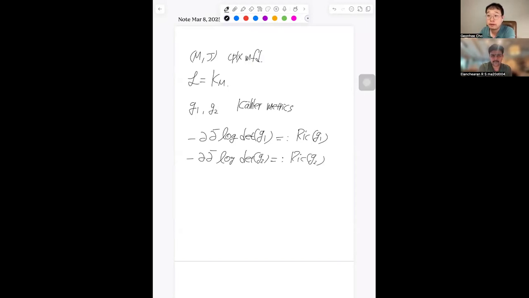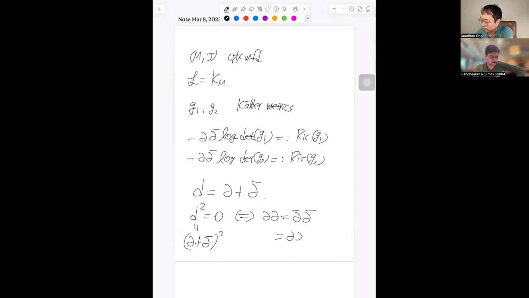Up to here everything is clear from the structure. And what we know for partial d and partial d bar is that the exterior derivative decomposes in this way, and we also know that the square equals 0 always for the exterior derivative. So if we rewrite this as (partial d plus partial d bar) squared, this is equivalent to saying the following.